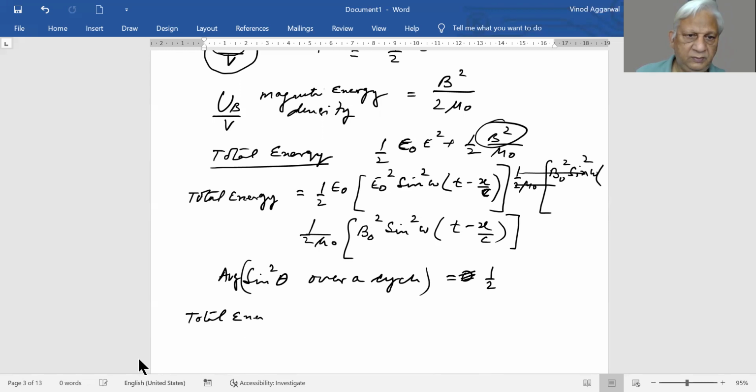total energy is equal to half, and this was not mu, this was epsilon.